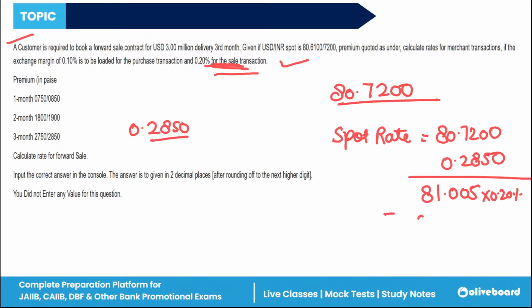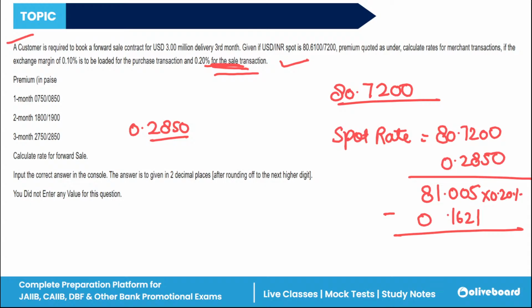We have to deduct here 0.1621, and after deducting, what we get here, the answer is, we have to reduce the margin now. No, in this case we have to add the margin. Why?